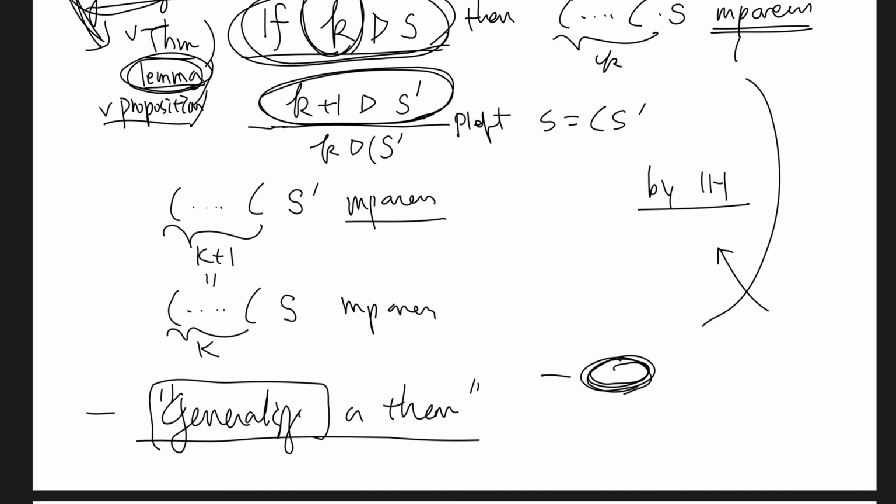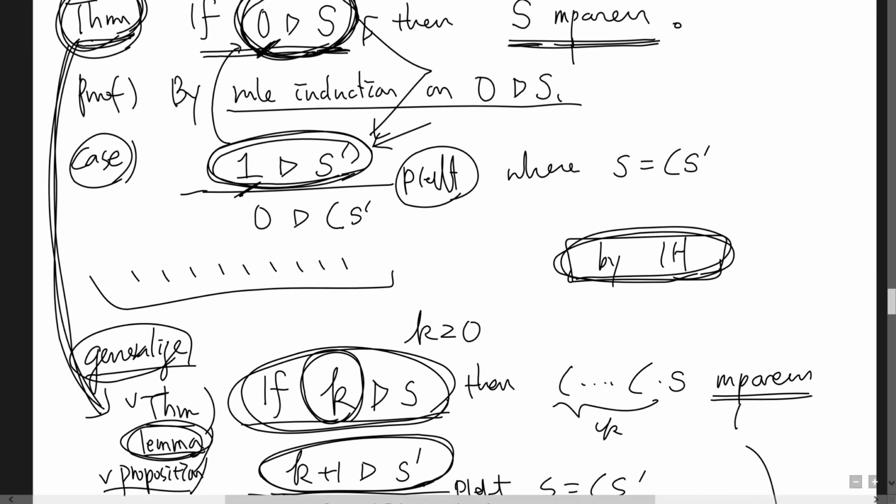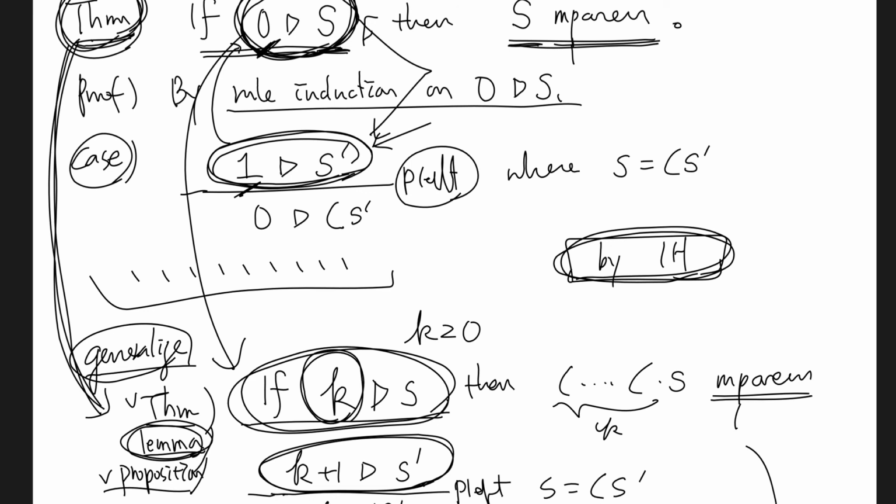It could take many hours, many days, and even many months. It requires a deep insight into the system of inference rules and the characteristics of the judgment. So you have to think carefully about how to generalize the statement. In this particular example, the way that we generalize the statement is by relying on the intuition behind the whole judgment K triangle S.